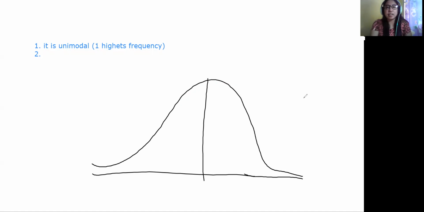So aside from the first way of determining whether our data is normally distributed using a graph, we can also use the values of the mean, the median, and the mode. So let us just remove this.